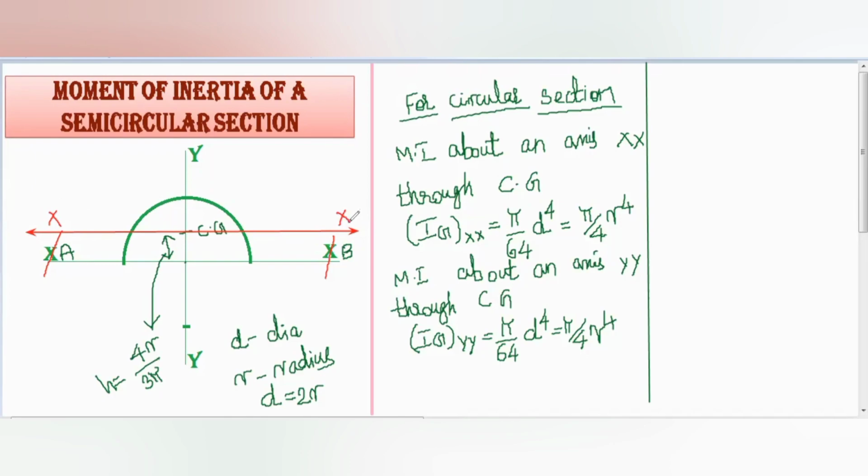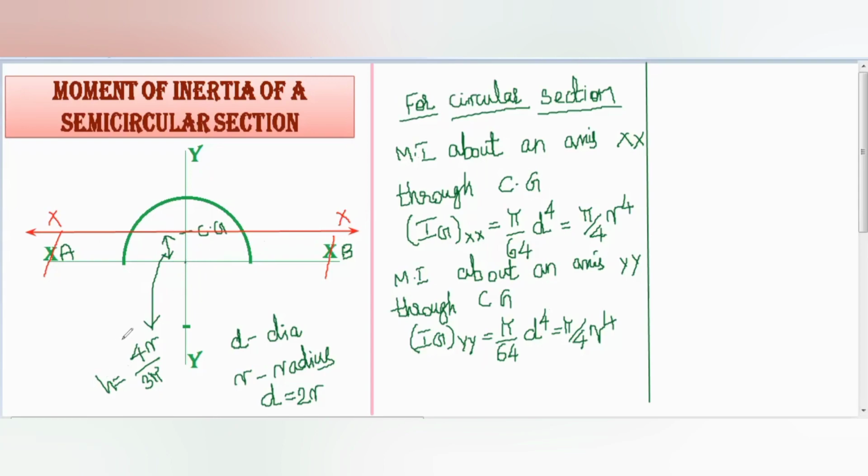Okay. So guys, first we consider a circular section. For that, we noted the moment of inertia formulas with respect to the XX and YY axis passes through the center of gravity. For the circle, the center of gravity was here. When I erased half the portion of the circle and converted that into the semicircle, the center of gravity is shifted from here to here.